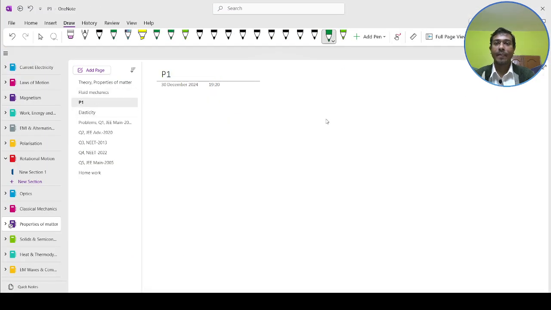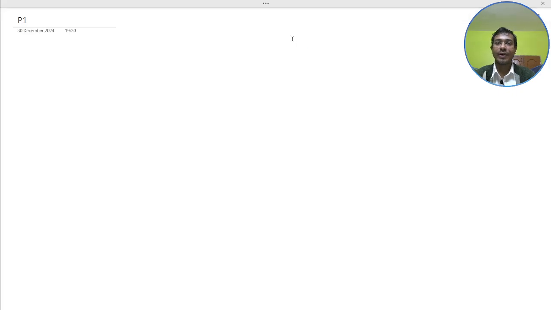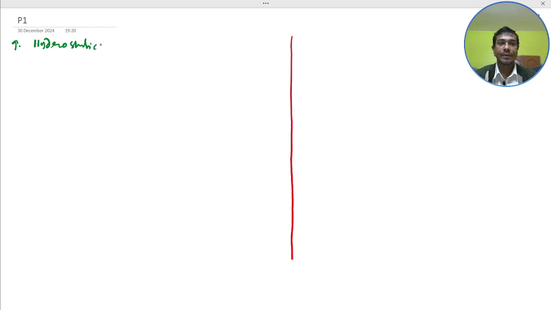Here the relative density rho r is equal to the density of the substance divided by the density of water at 4 degrees Celsius.